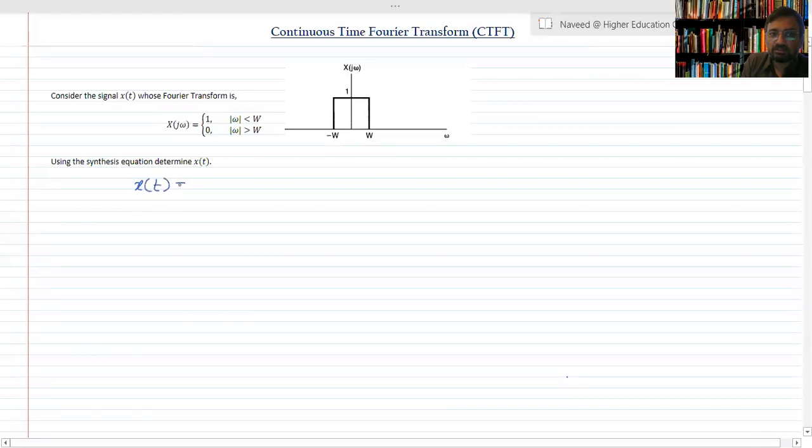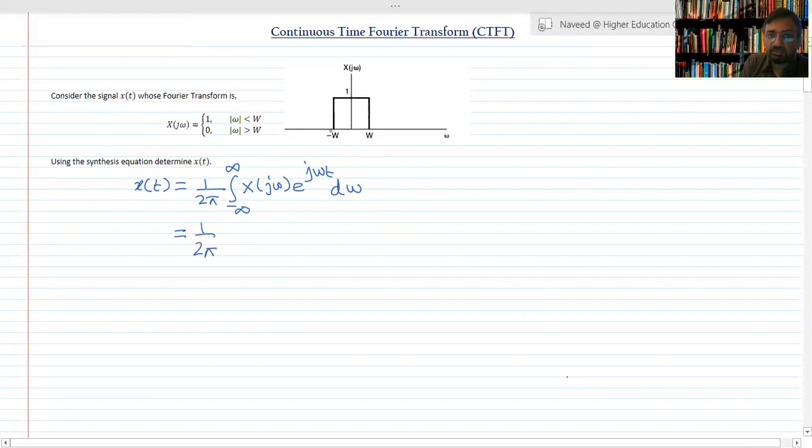So let us write down the synthesis equation first. 1 over 2 pi, integral from minus infinity to infinity of X(j omega) e raised to power plus j omega t d omega. And then we just replace X(j omega) in the function.